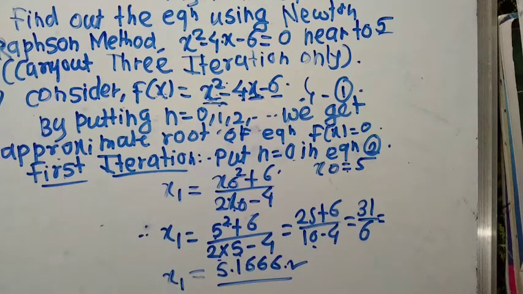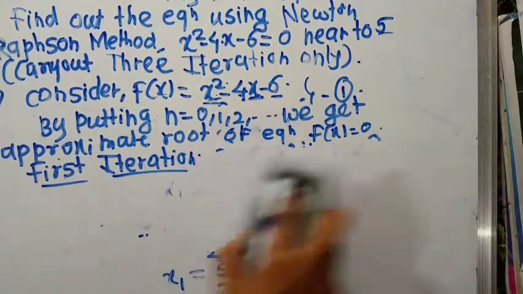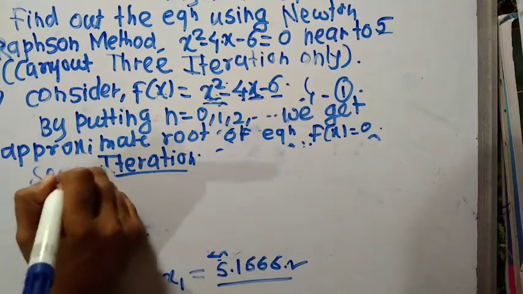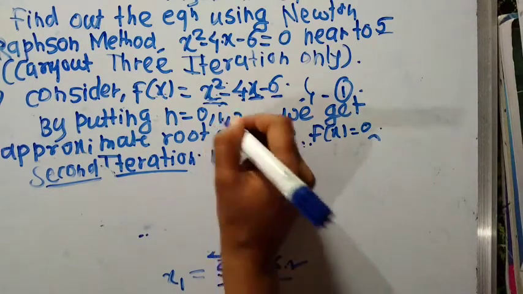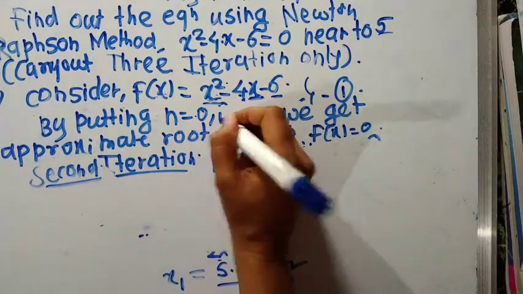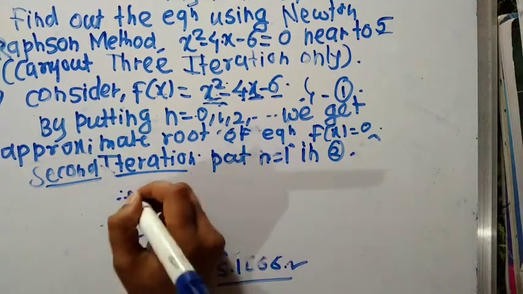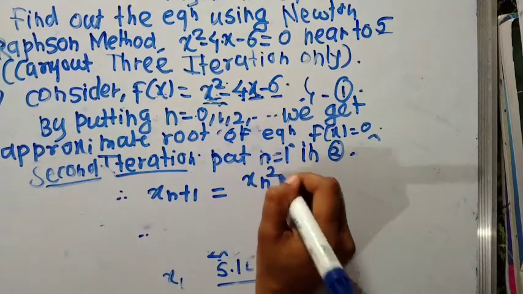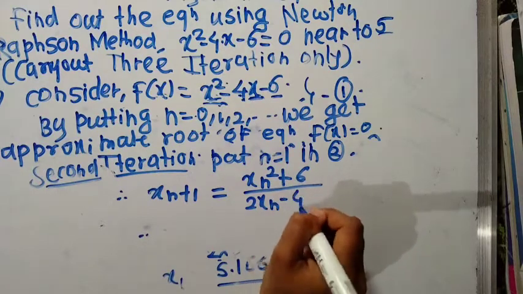Then find out the second iteration. Put n is equal to 1 in the second formula: xn plus 1 is equal to xn square plus 6 divided by 2xn minus 4.